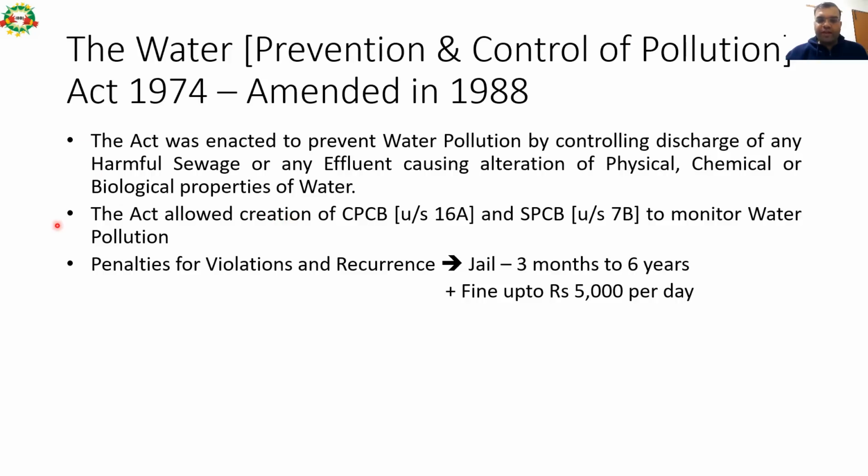This is the scope of the act. The act allowed creation of the Central Pollution Control Board, CPCB, under section 16A, and the State Pollution Control Board under section 7B to monitor water pollution.